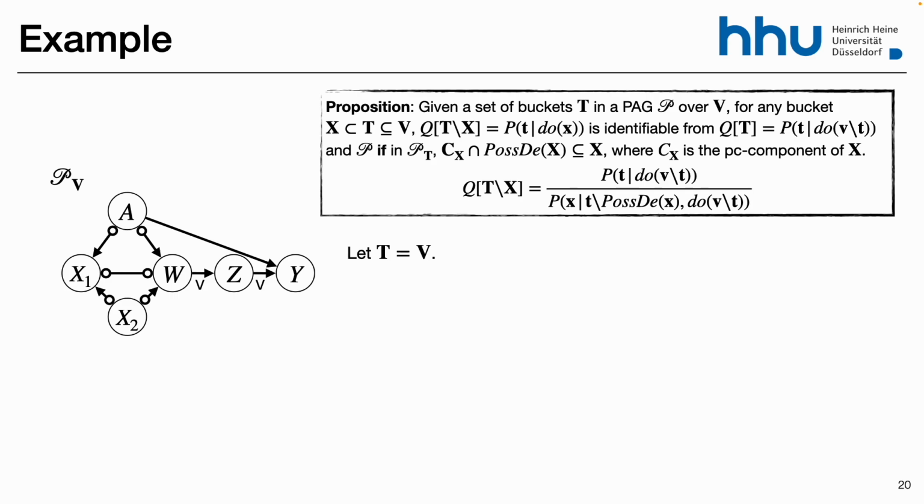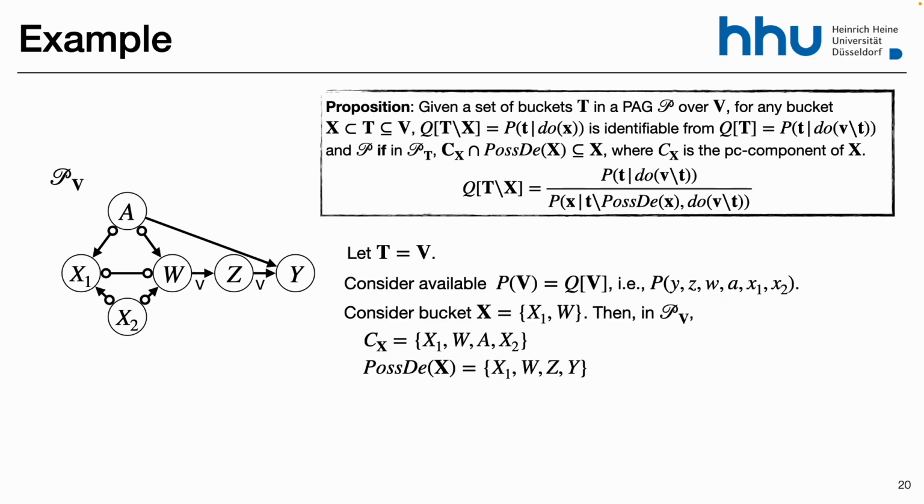So if I have X as X1 and W, so this is a bucket, and I want the Q of T minus X. I think that's exactly the question. Consider the PEG PV, and we consider the bucket X, X1 and W in the graph PV.